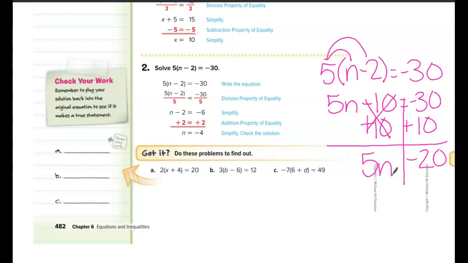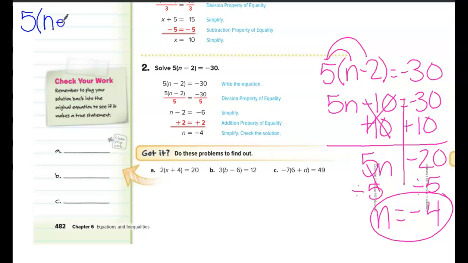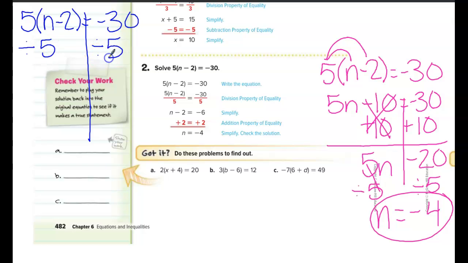Since 5 and n are multiplied, the opposite would be to divide. And then I get n equals, and negative divided by a positive is a negative, and 20 divided by 5 is 4. So n equals negative 4. Now the other way to do it, and I'm going to show my work up here, is 5 times n minus 2 equals negative 30. Okay, since 5 is multiplied to the parentheses, in order to get rid of it, I would divide both sides.